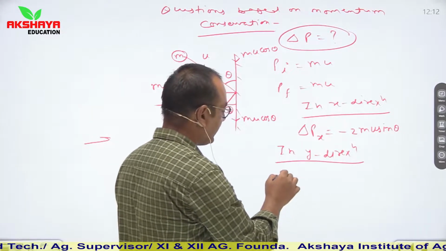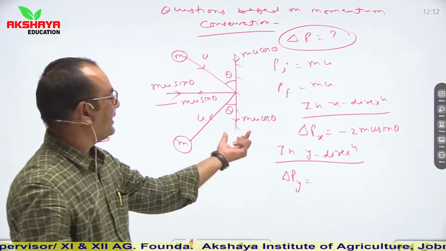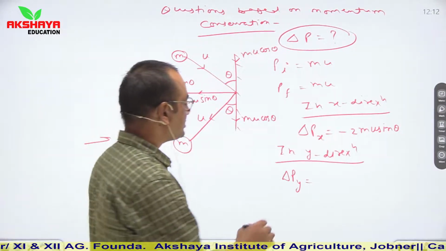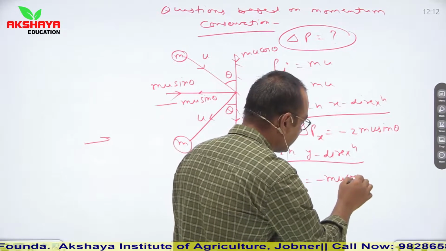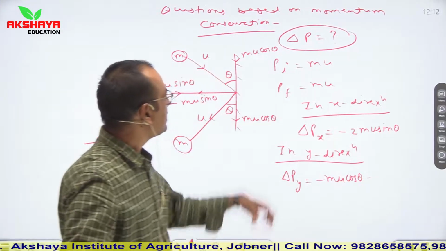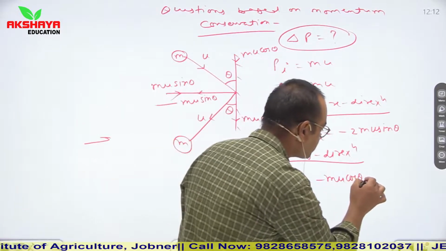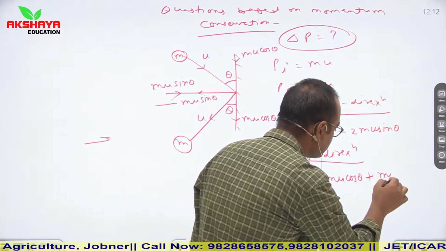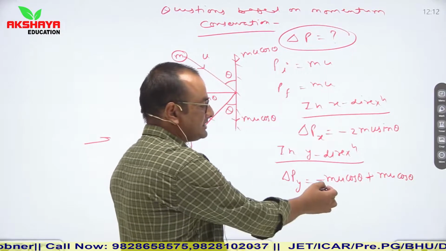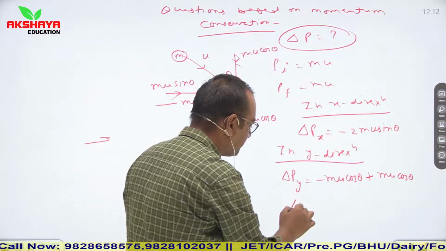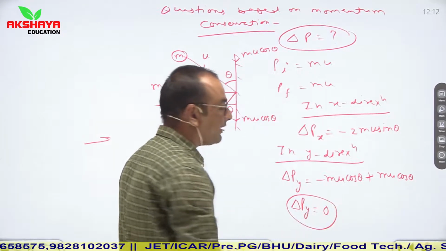While in the y direction, the change in momentum del py is equal to, see, the final momentum is in the minus y direction, so let us take it as minus mu cos theta minus initial momentum. The initial momentum is also in the minus y direction, so minus minus becomes plus, and it is mu cos theta. So minus mu cos theta plus mu cos theta means there is no change in momentum in the y direction.